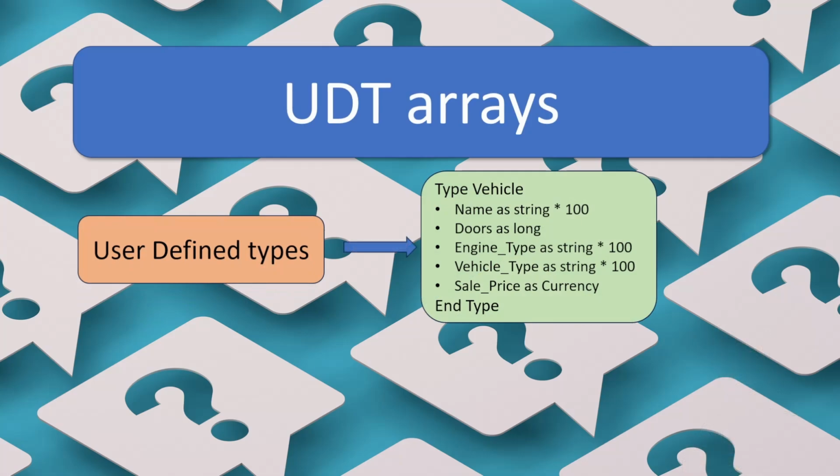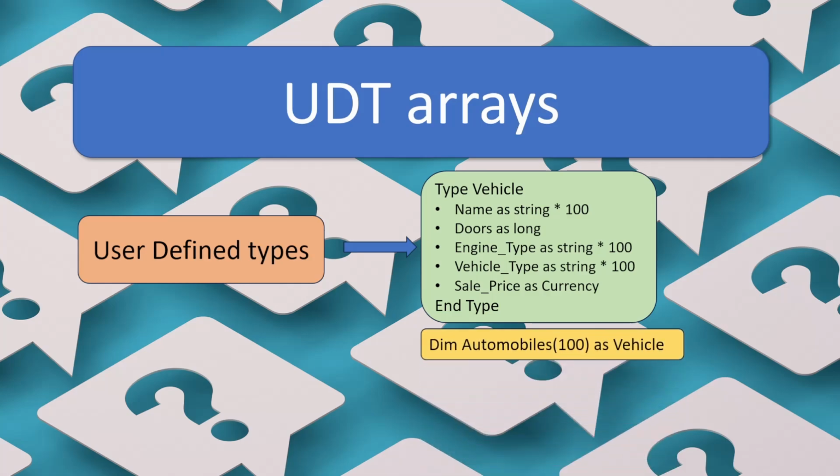So how would we create an array of user-defined types, or UDTs? Firstly, we need to define the UDT. Let's create a user-defined type called vehicle that holds information on a car or automobile. This type could be expanded to cover more aspects of a vehicle.